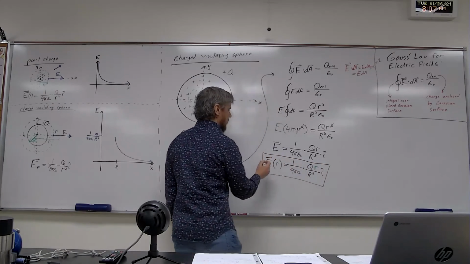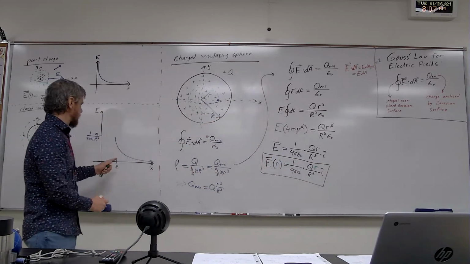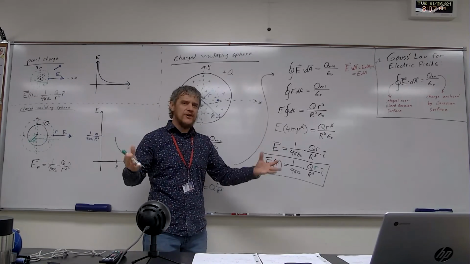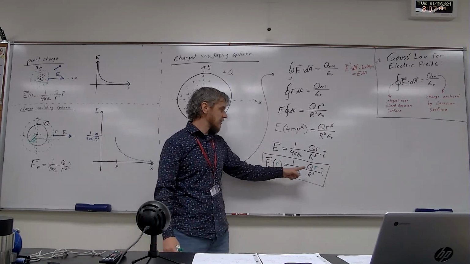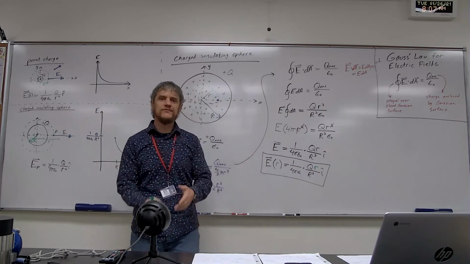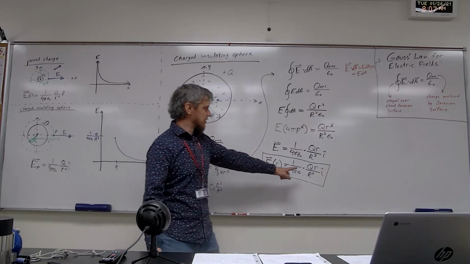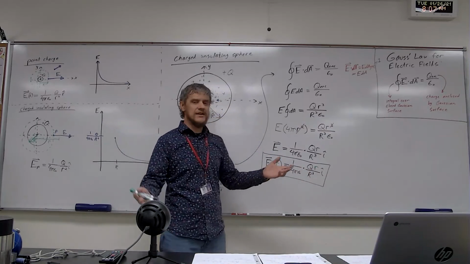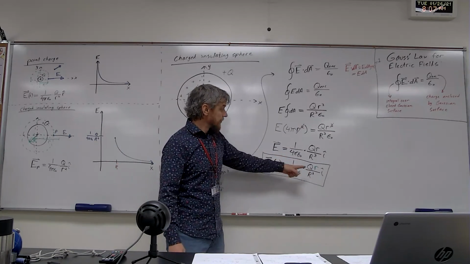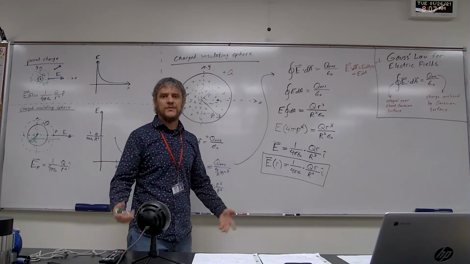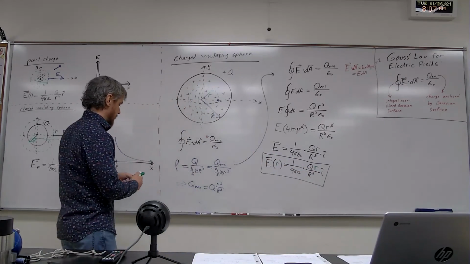Well, what type of equation is this? How would I plot this on this graph here? Well, the electric field inside of the charged insulating sphere is linearly proportional to the distance from the center, which means at r equals 0, we actually have a 0 electric field. And then as r increases, the electric field increases proportionally, so it's a linear proportion.